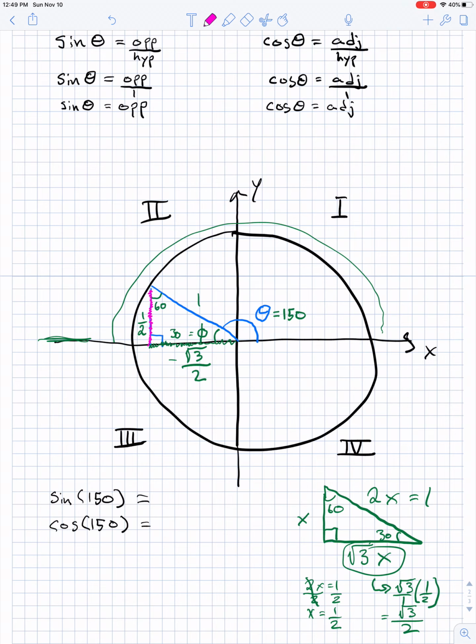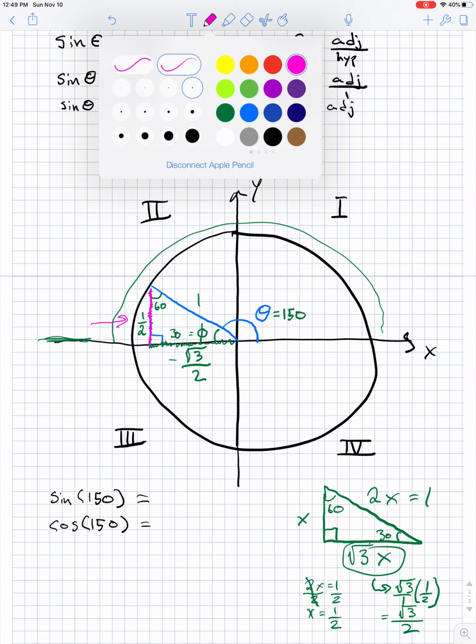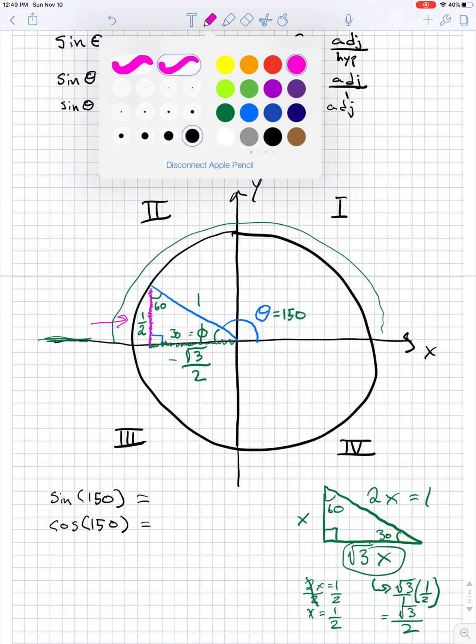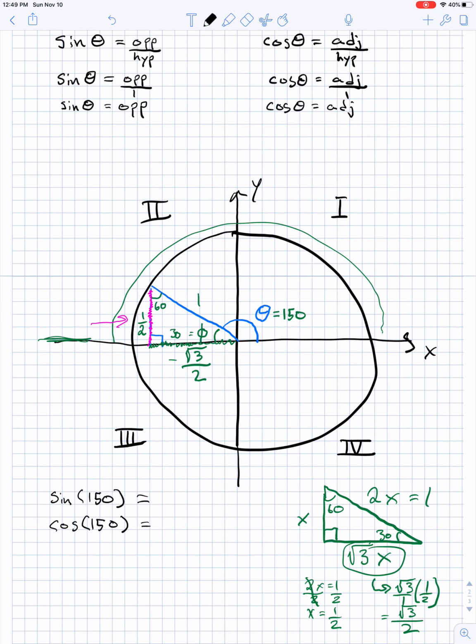Thus, we can see that the sine of 150, remember the sine is the same as the opposite side of the triangle, this one. And what is the length of the opposite side of the triangle? The answer is 1/2. So the sine of 150 degrees is positive 1/2. Again, positive because we are in positive y territory.